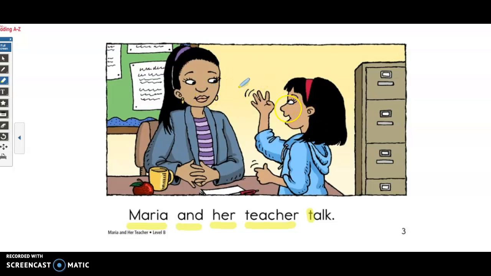Maria and her teacher. I'm going to look through the whole word. K says, K. Maria and her teacher talk. I'm going to check the picture again. Yep, they're definitely talking. So that makes sense. Maria and her teacher talk. Good job.